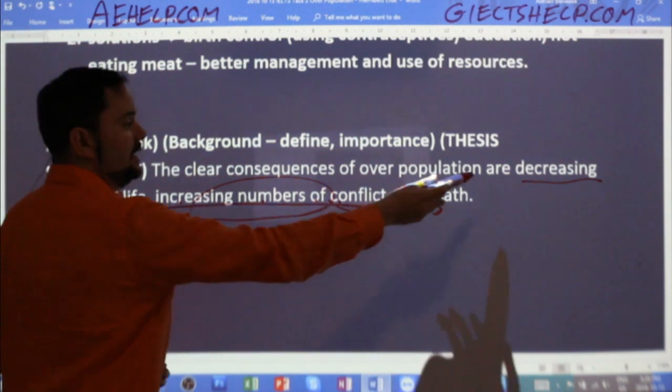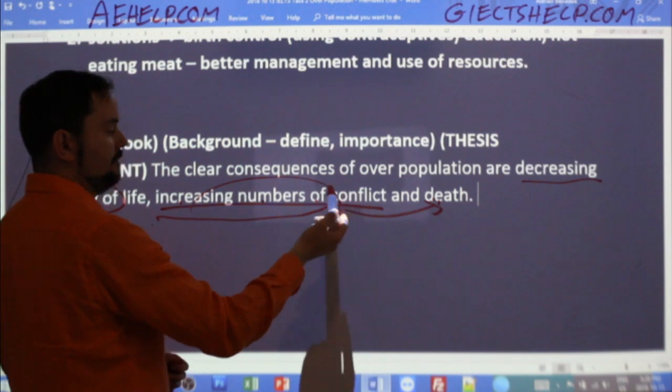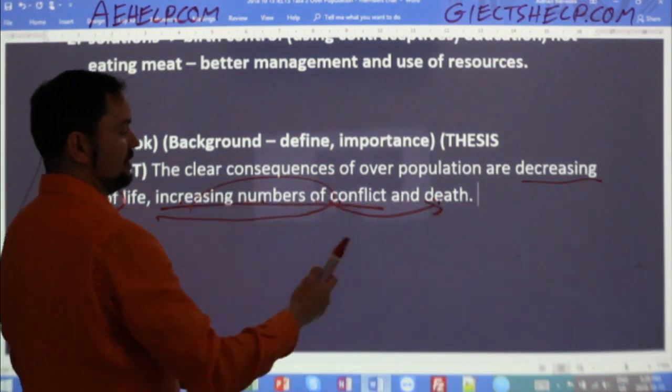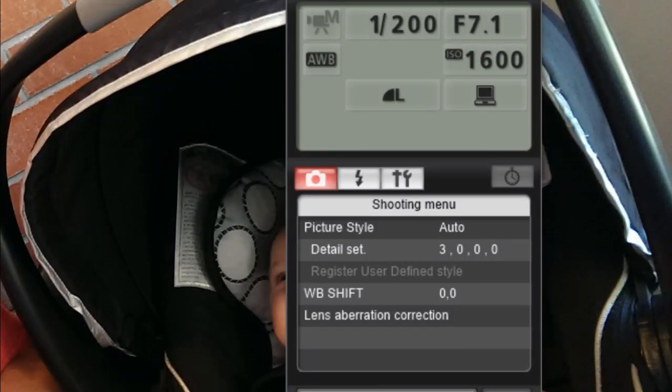So decreasing quality of life, increasing numbers of conflict, increasing number of death, okay? I probably don't need the S on numbers there. I can do without. It's not a mistake. It just reads better without it, okay? So that is the first half of my thesis.